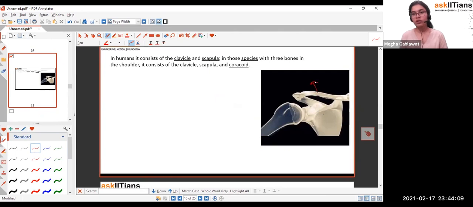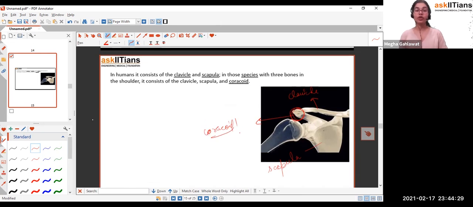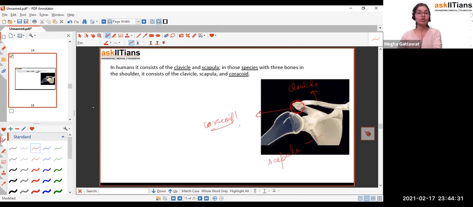Okay, so this is the one which is called the clavicle. This is the one which is called the scapula, and this one right here is the one which is called the coracoid. Okay, now then again, you don't have to learn all of these, but it will be very helpful for you if you plan to choose biology in the upper classes.